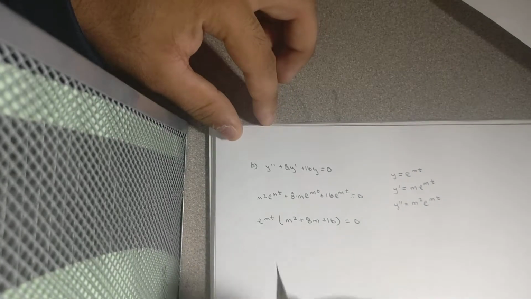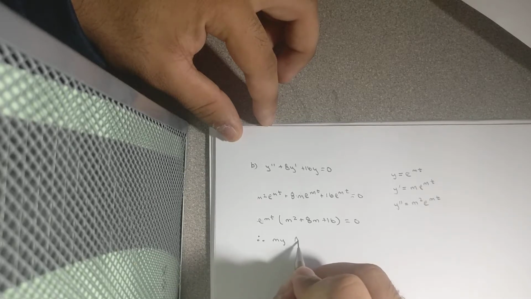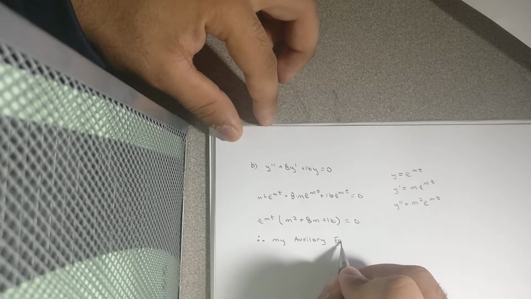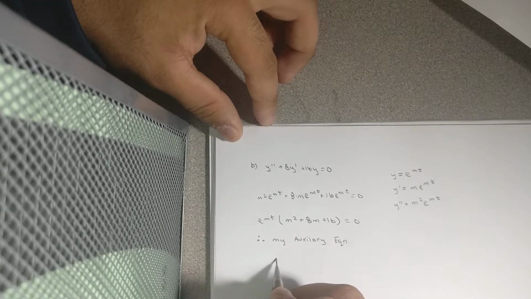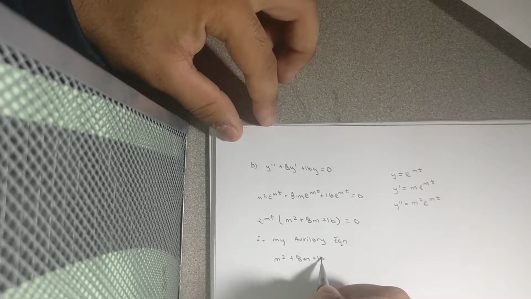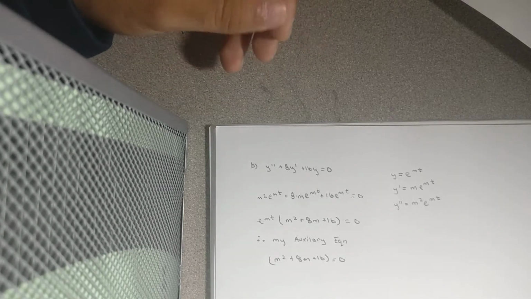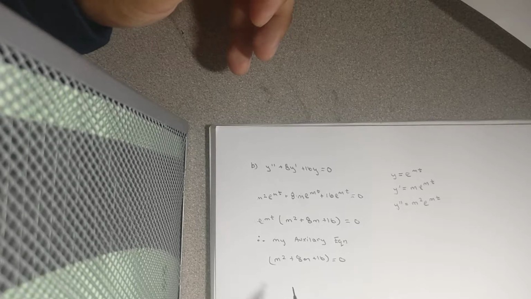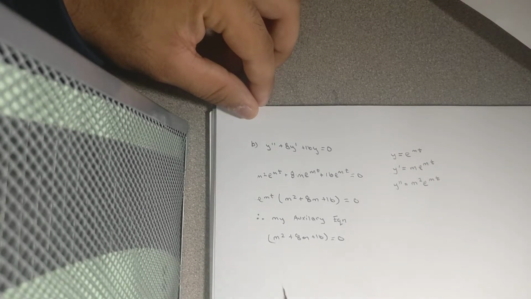And then therefore my auxiliary equation is going to be m squared plus 8m plus 16. So now I can factor this, find my roots, and then I can solve for my general equation. So you'll notice this is not too hard.